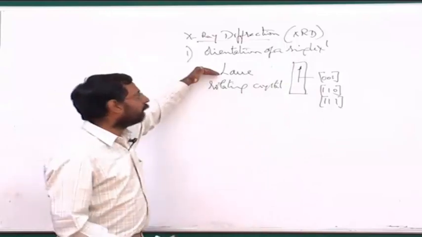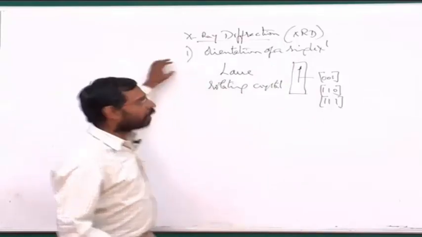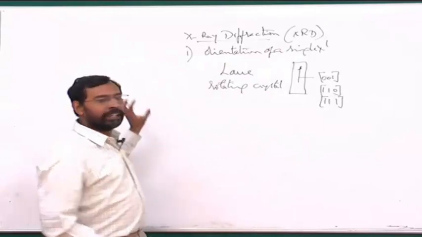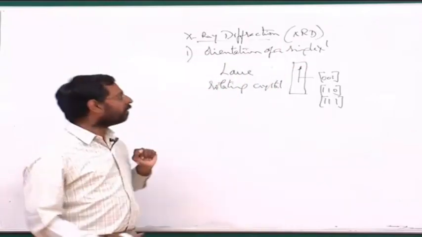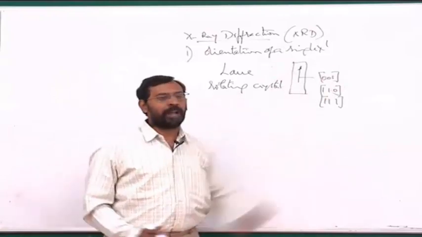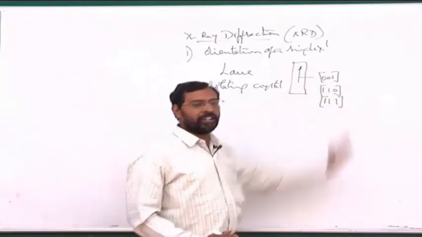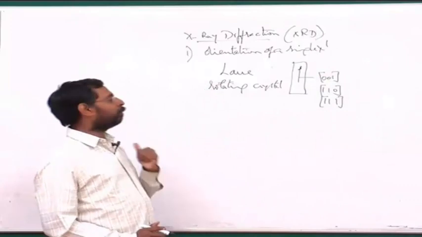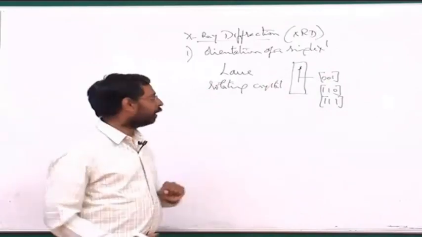For example, in the Laue technique, we said we will use a white radiation carrying a range of lambdas, and it falls onto a single crystal, and from the diffraction pattern that you get, either in a transmission mode or in a back reflection mode, you can find out the orientation.